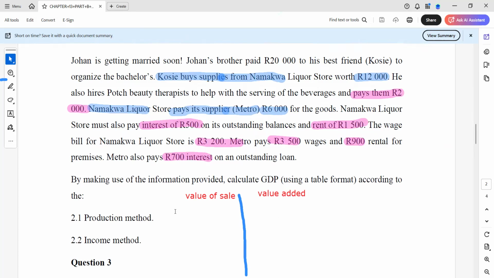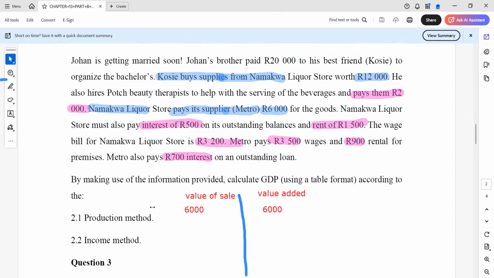If you remember the example you did in class, it was exactly like this one. So the value of sale is 6,000, and the value added is also 6,000 as well. This is the value of sale for Metro.